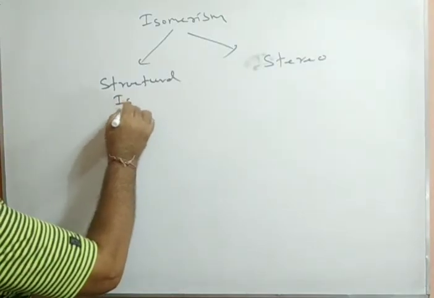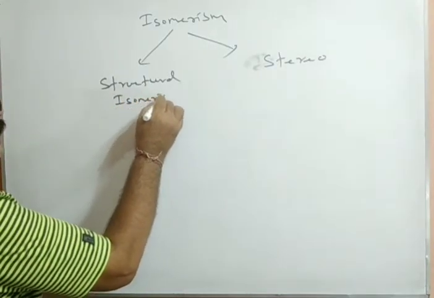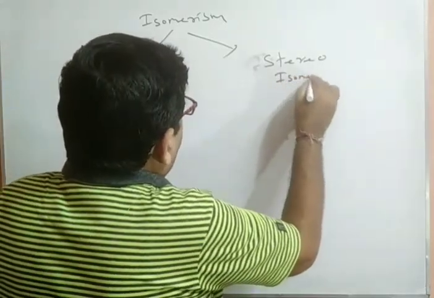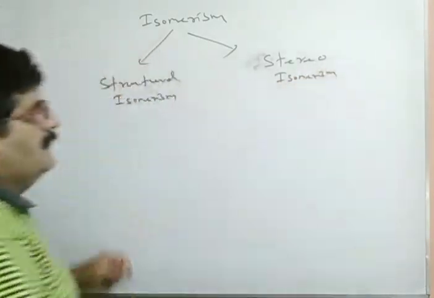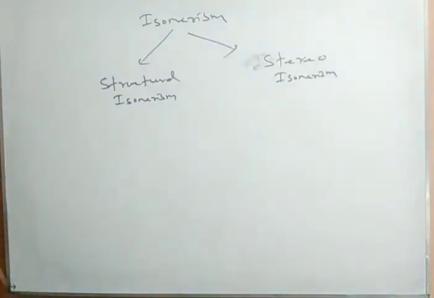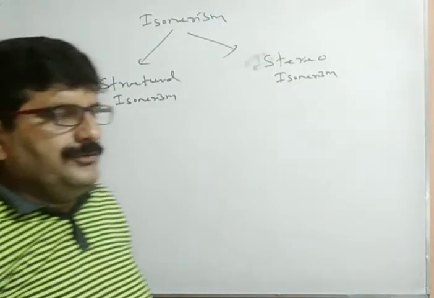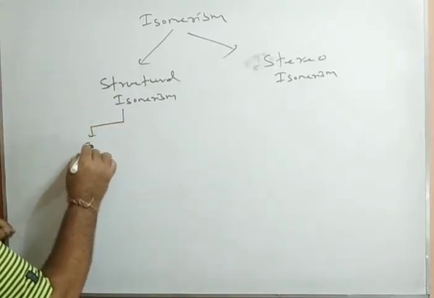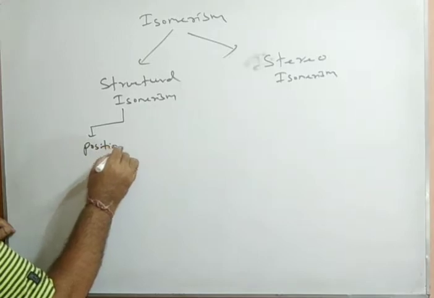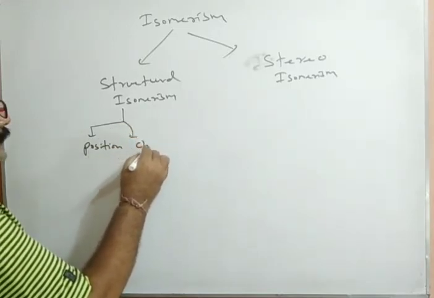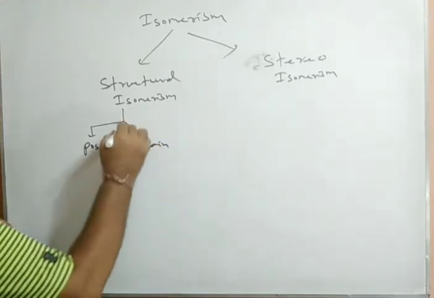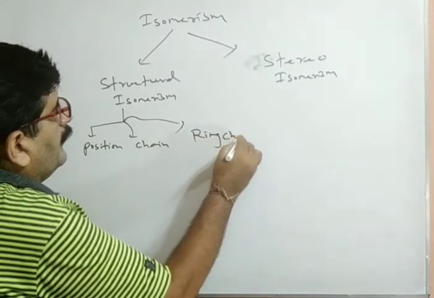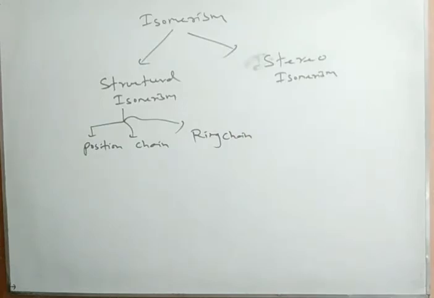In structural isomers, generally position, chain and ring chain isomers are possible.